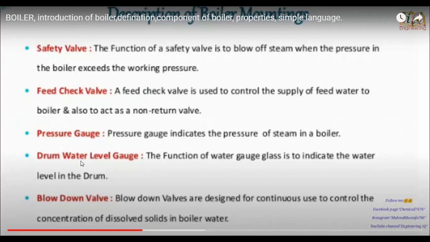Okay, drum water level gauge. The function of the water gauge glass is to indicate the water level in the drum.